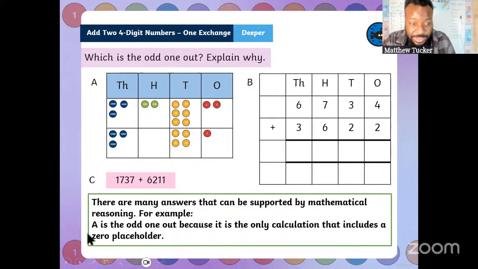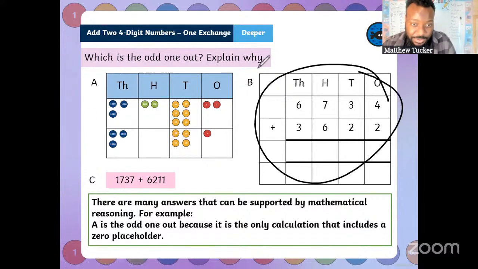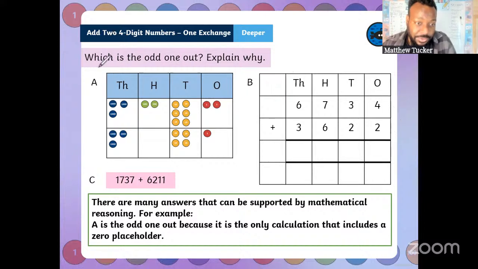For example, A is the odd one out, because it's the only calculation that includes a 0 placeholder. Okay, so which one is the odd one out? We added this one here. Can we see here?